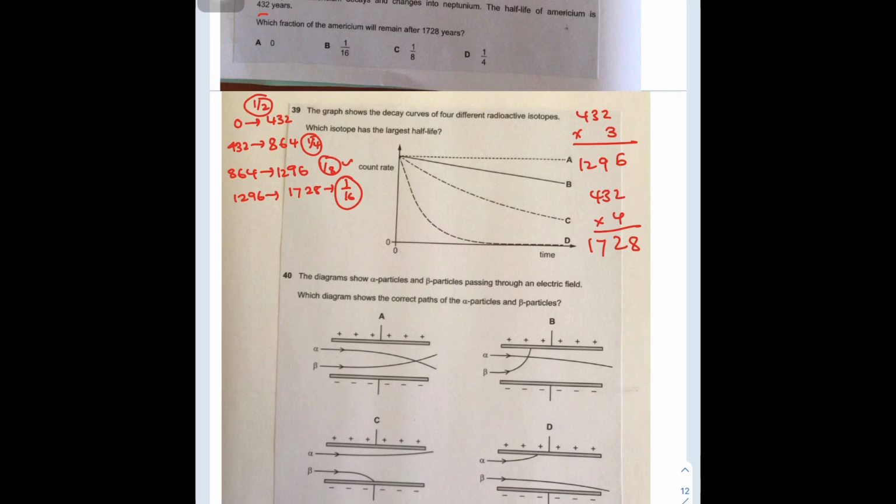Half-life means, for example, let's start with 100 because it's easier. Say the half-life is 5 minutes and I have 100 counts of radiation. After 5 minutes, out of 100, only 50 rays can be detected. So I have 50 counts reading.